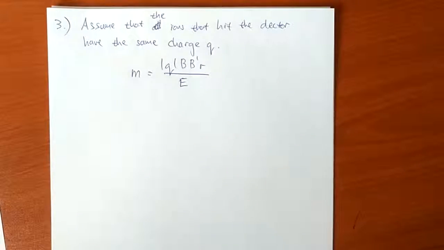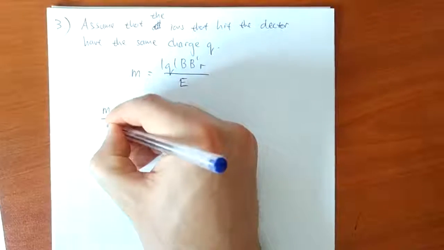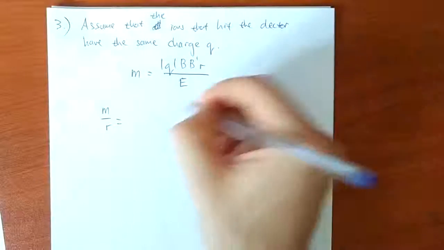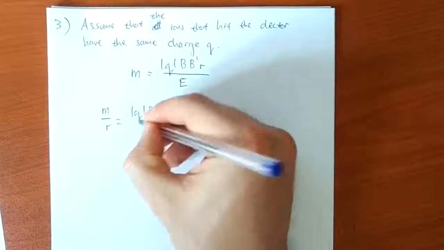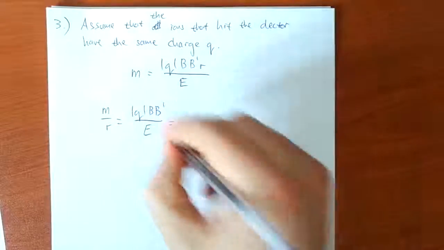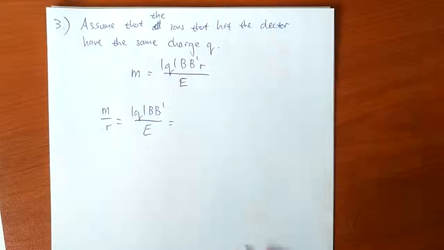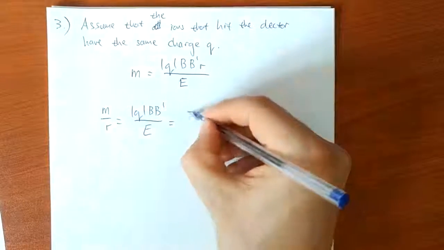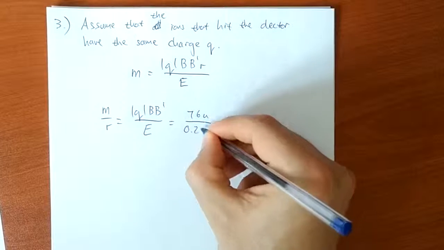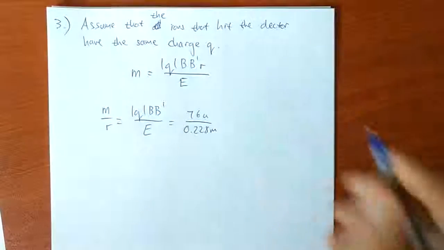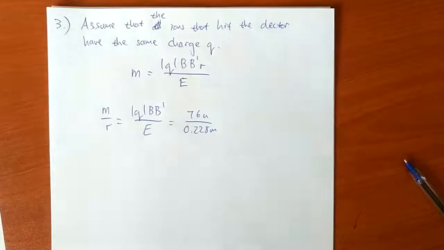So the m over R value, which is equal to Q B B prime over E if you divide by R, we know for one of them is 76 atomic mass units over 0.228 meters. I could have left it as centimeters, but let's write it as meters. This is what I know.